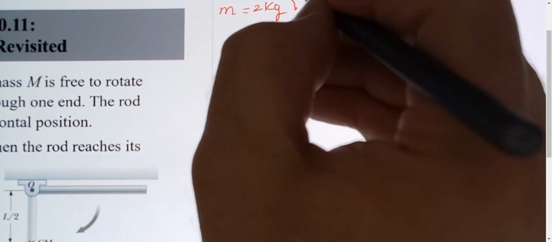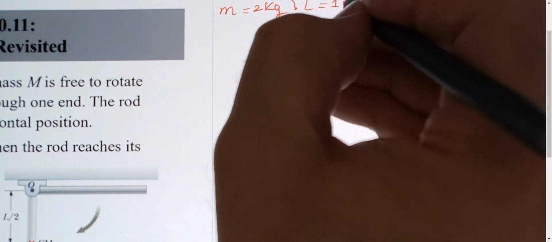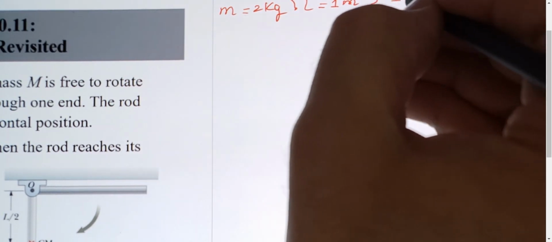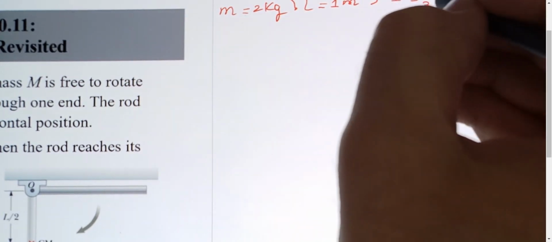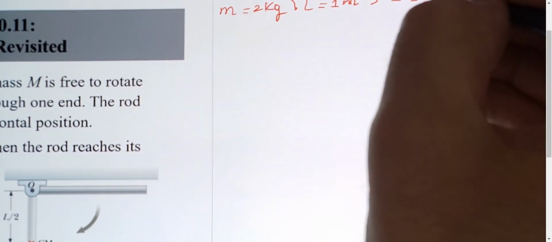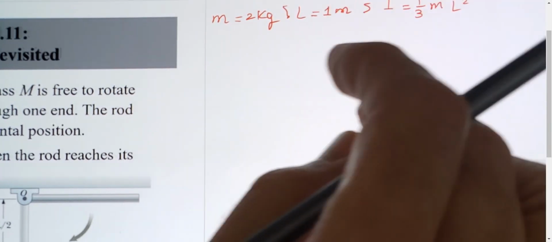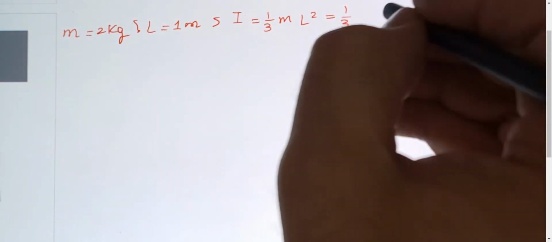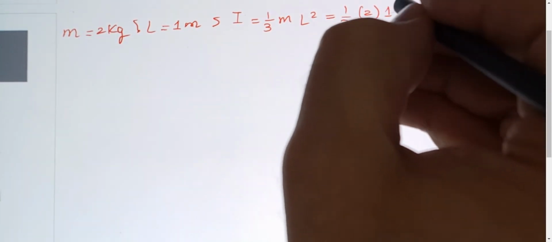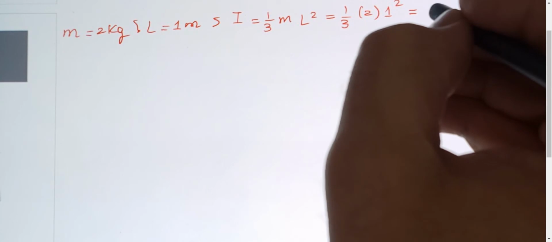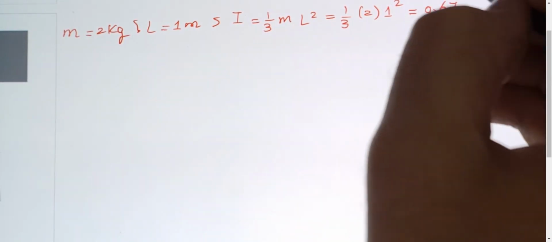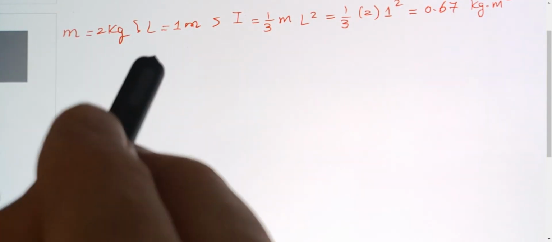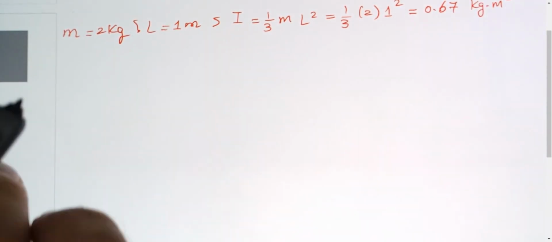Let's assume L to be 1 meter, and of course I is equal to 1/3 mass L squared, and right away we can calculate it. It's 1/3 multiplied by 2 multiplied by 1 squared, which is 0.67 kilogram meter squared. So this is I, which I calculated right away.